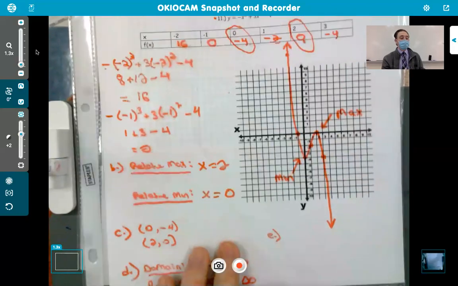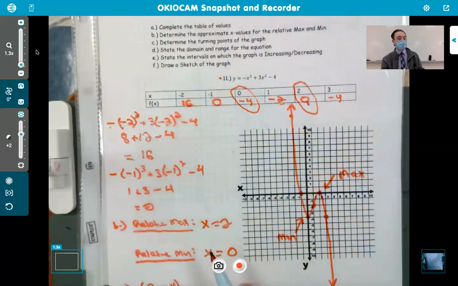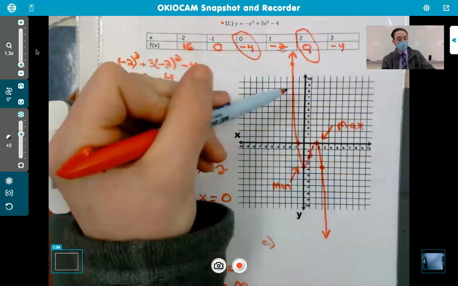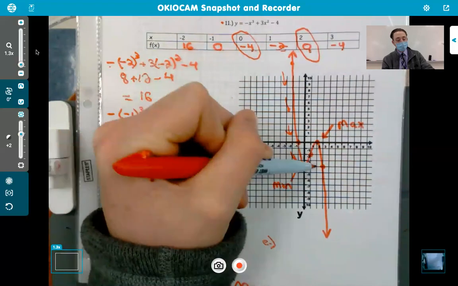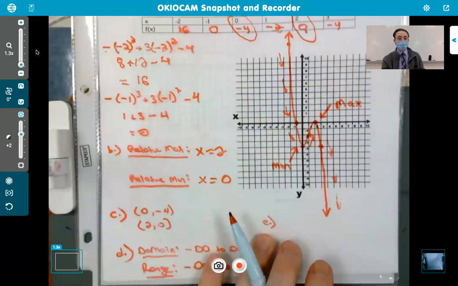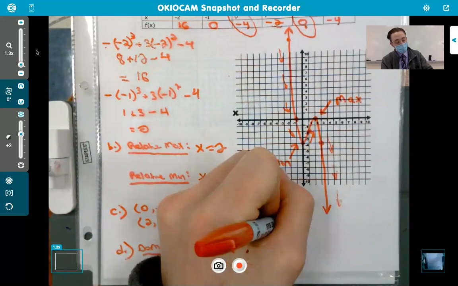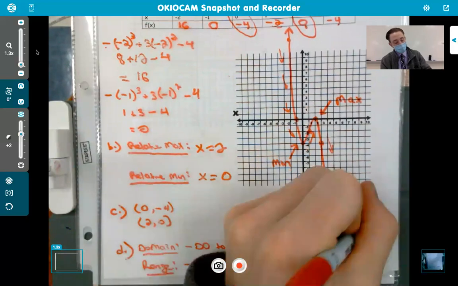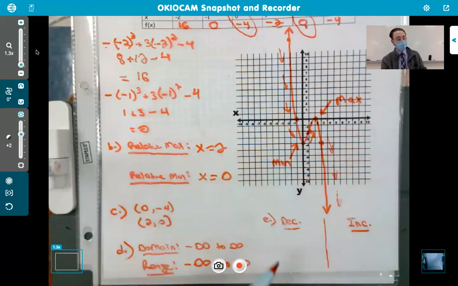Part E says state the intervals on which the graph is increasing or decreasing. Well, remember, we use our turning points, we use our max and min to help us out with this. So if I'm looking at this graph, we'll start with decreasing. We'll list both of the intervals.